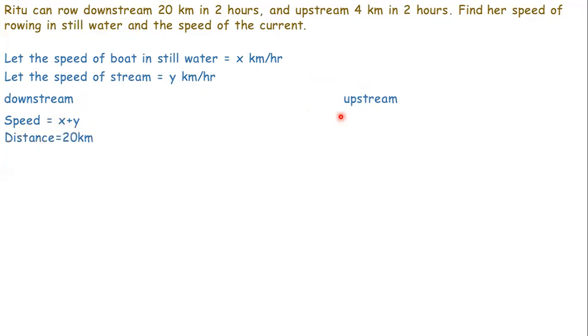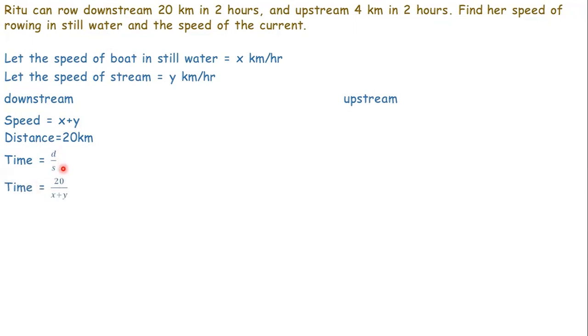In upstream, let us do downstream first. The speed of the boat in downstream is x plus y, and the distance traveled downstream is 20 kilometers. So what is the time? Time is distance by speed.